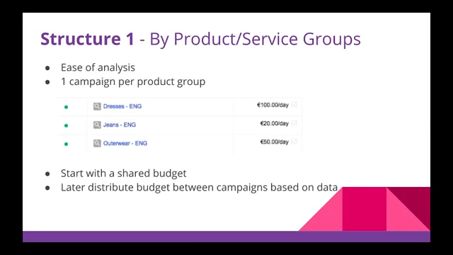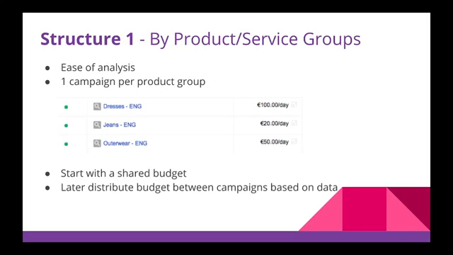First option, structuring your campaigns by product groups. This is definitely the most common and clear way to structure them when it comes to ease of analysis. And as the title says, you should structure your campaigns according to the groups of products or services that you offer. Now, let's come back to the clothing store example. In this case, it would make sense to have different campaigns for outerwear, dresses, and jeans.